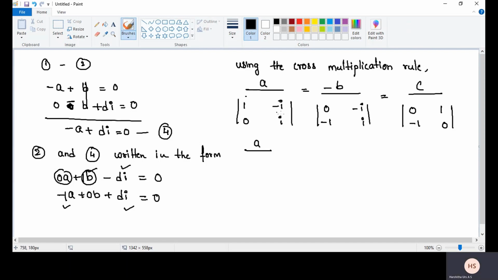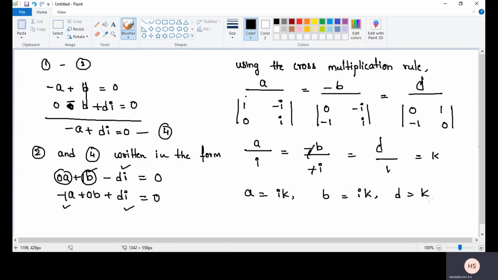Now a divided by i minus b divided by minus into minus plus, opposite way we have to put. Simplification, minus ic divided by 1, that is equal to, sorry not c, here d divided by 1 is equal to k. a value is i into k, b value is i into k, d value is k.